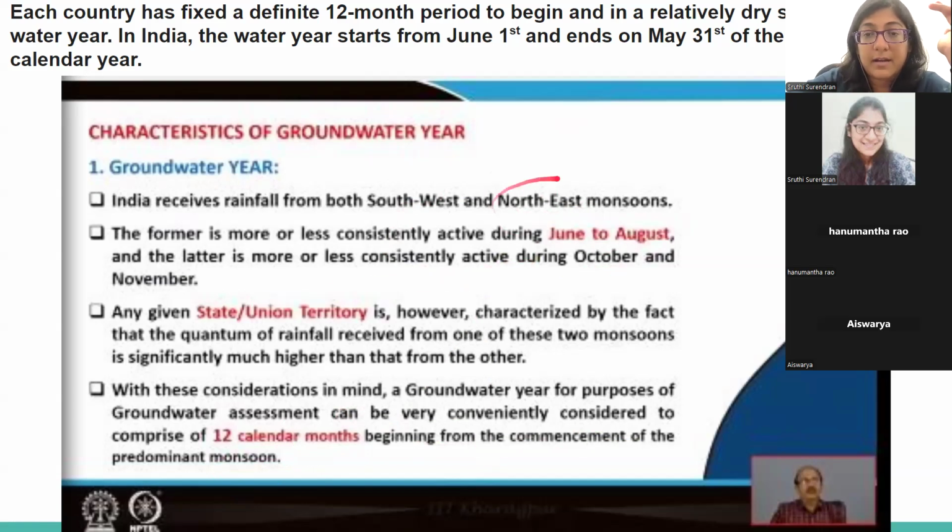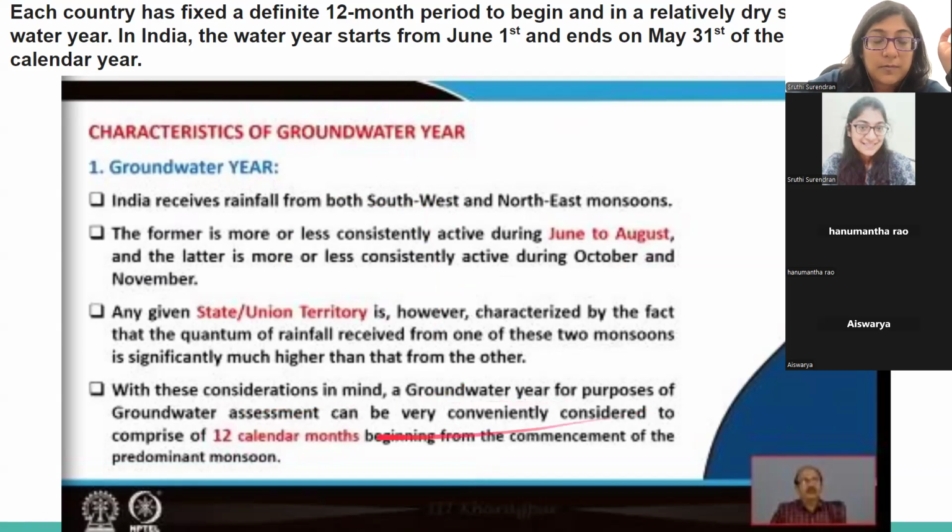For places where rainfall is mainly because of the northeast monsoon, the groundwater year is going to start from October 1st to September 30th. So it is not about the entire rainfall, it is about the predominant season of rainfall that is contributing to rain in that region.